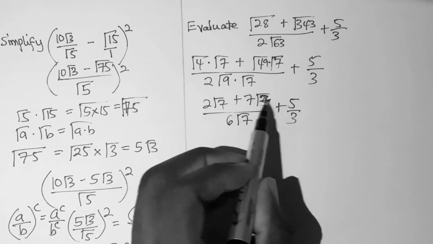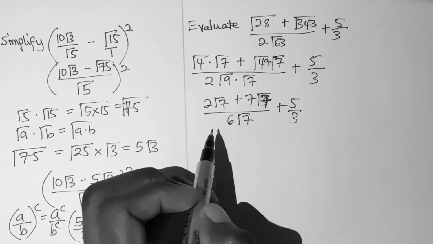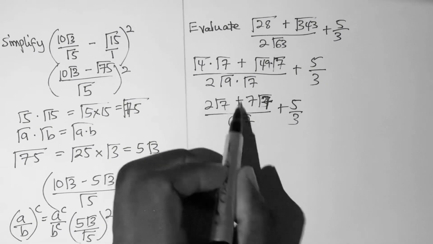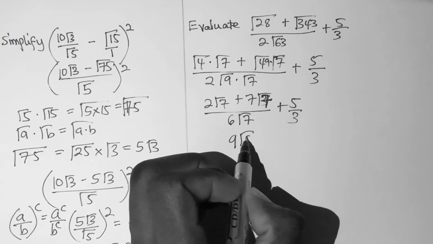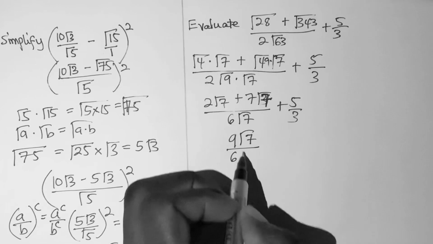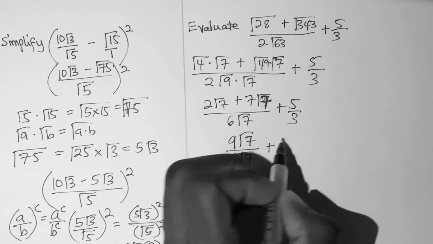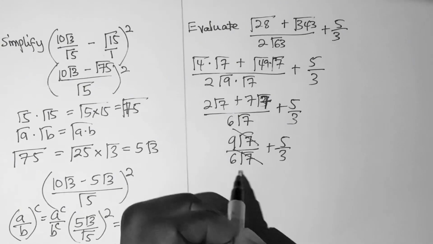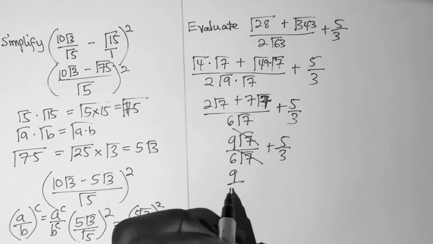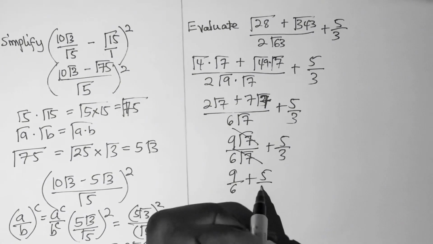So you see that we can factorize root 7. So 2 root 7 plus 7 root 7 is 9 root 7, divided by 6 root 7, plus 5 over 3. So this root 7 and this root 7 can cancel out. So we get 9 over 6 plus 5 divided by 3.